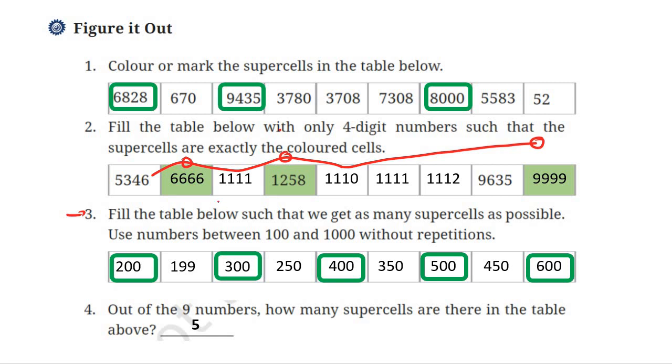This is the strategy I have already mentioned. All the high points are the supercells, the ones where I am circling. So these are the supercells. Out of the 9 cells, there are 5 supercells, right? Good.